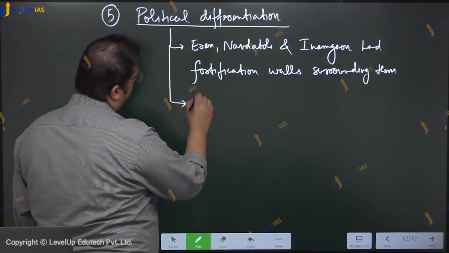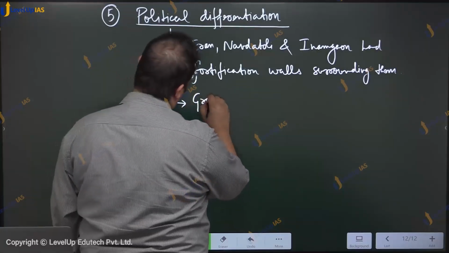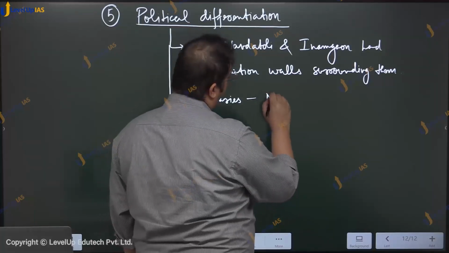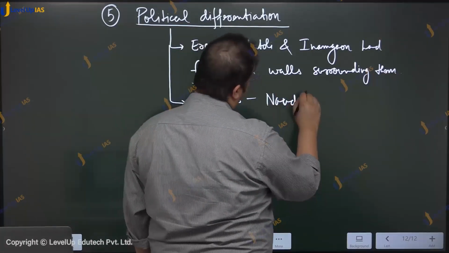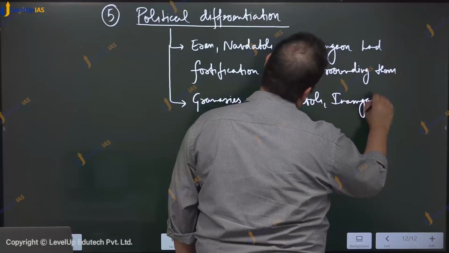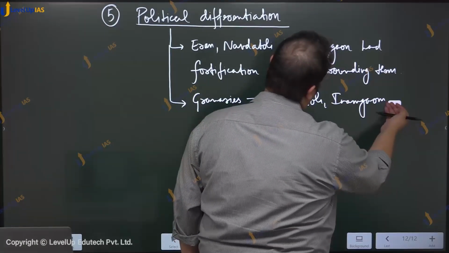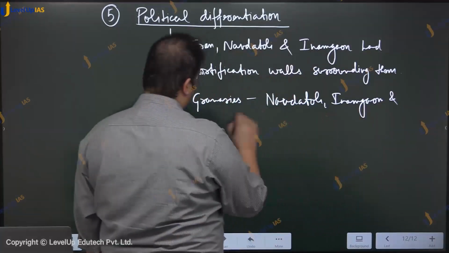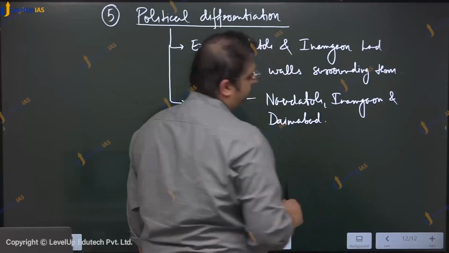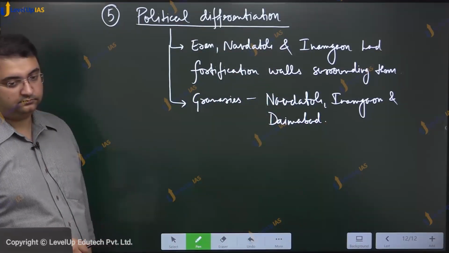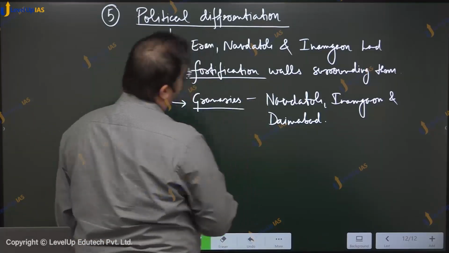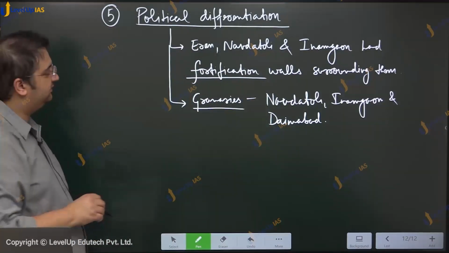Further, granaries have also been discovered from Navdatoli, Inamgaon, and Daimabad. What kind of buildings are these? Fortifications and granaries. Public buildings हैं. Write down.